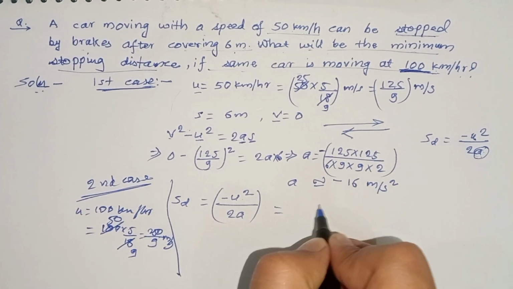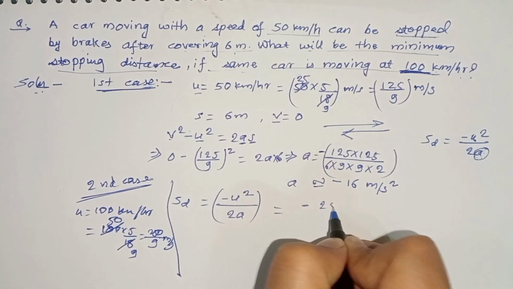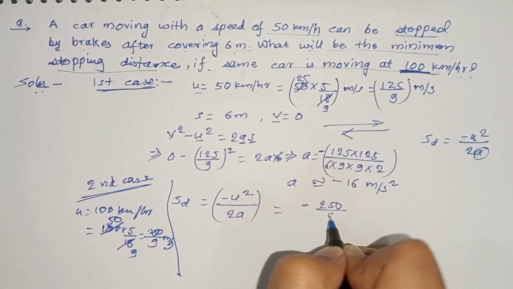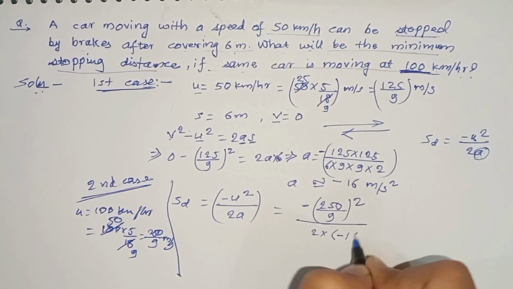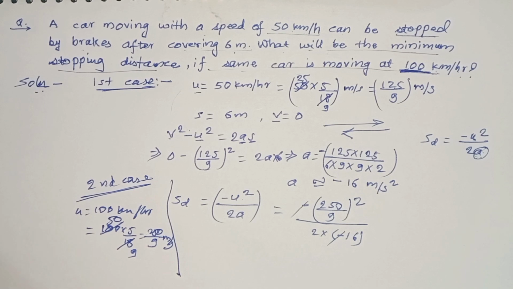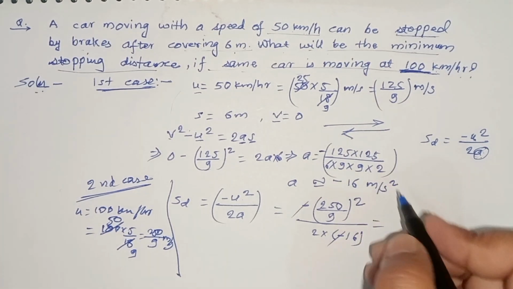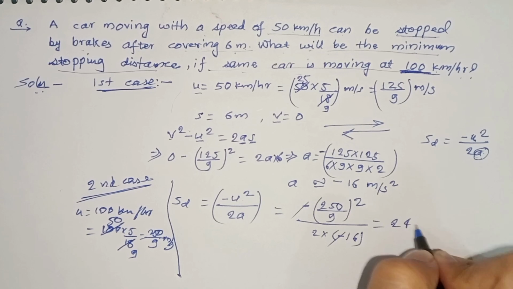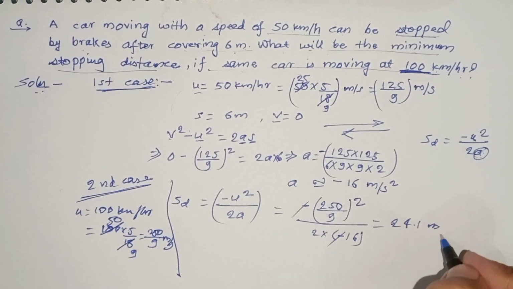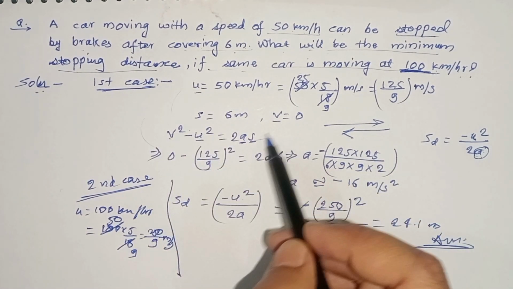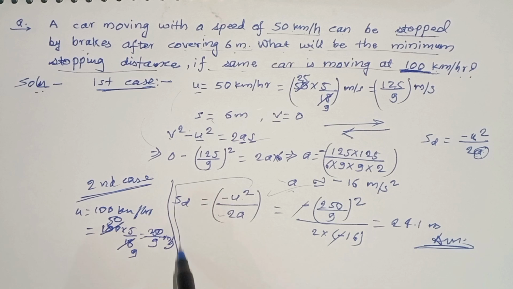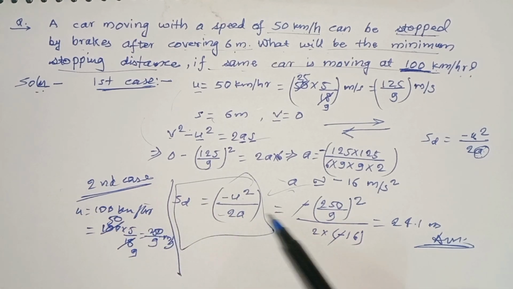So we put here minus 250 by 9 squared by 2 into minus 16. The minus signs cancel, and on calculation it comes to 24.1 meters. This is the answer. So in the first case the acceleration was lacking; we found the acceleration from the first case and put it in the formula in the second case. Okay, thank you.